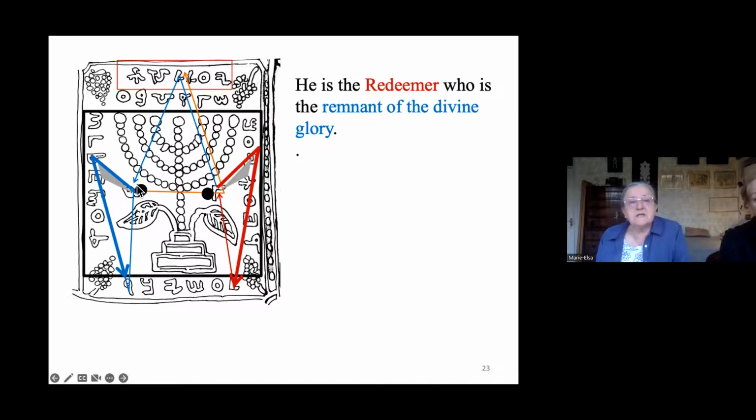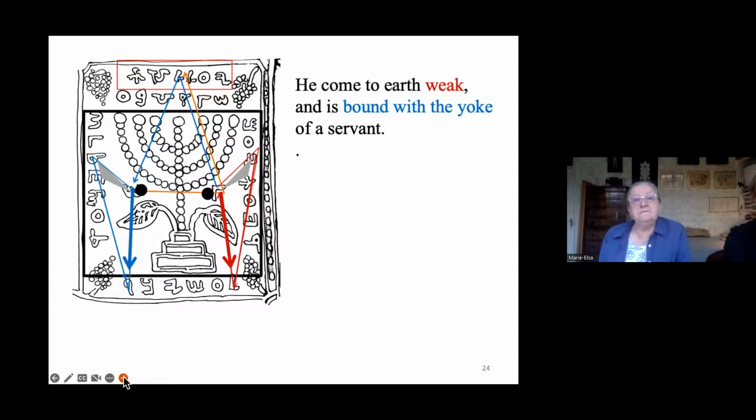And if you take the blue line from the dot and then go up and down again, that says he is the remnant of the divine glory, and the robes of the high priest, the glorious robes of the high priest, were said to be cut from the remnants of the divine glory. So here he is, the Redeemer clothed in glory. Let's look at the next one.